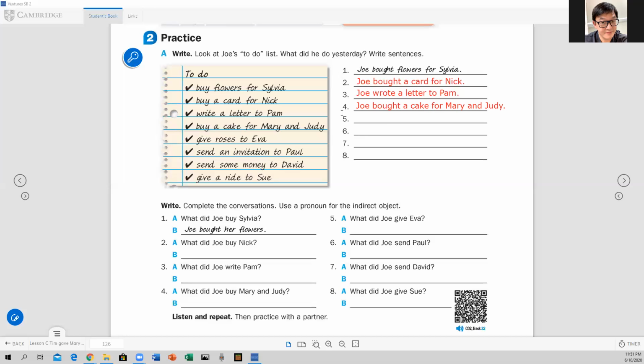Okay, number five, give roses to Eva. So change this to past. Joe gave roses to Eva. Okay. What do you think?